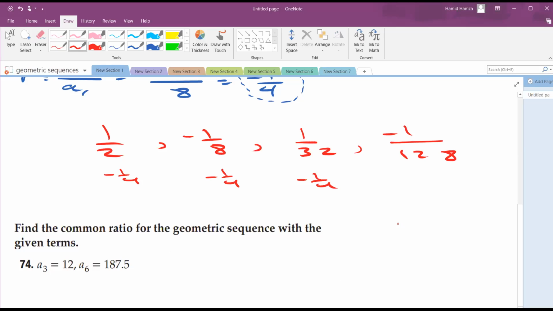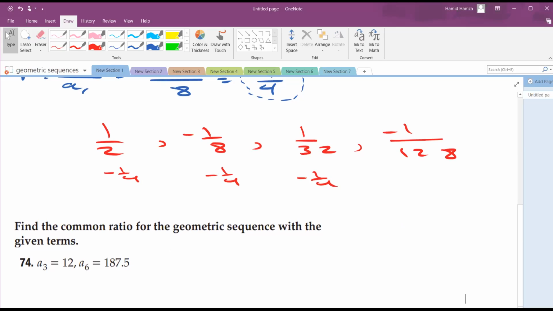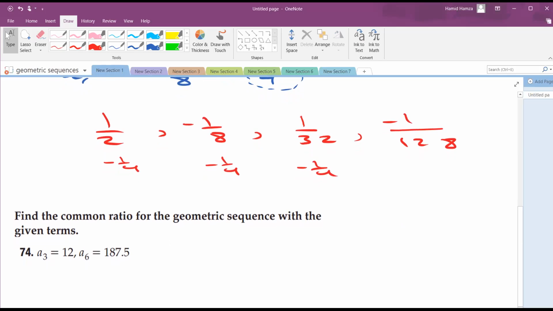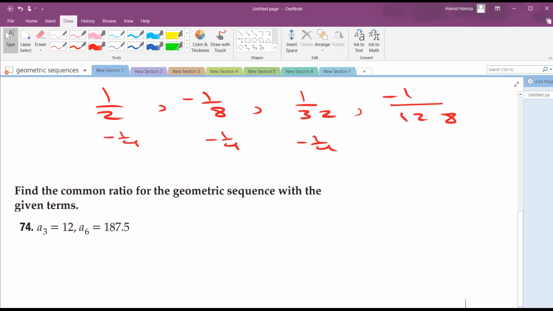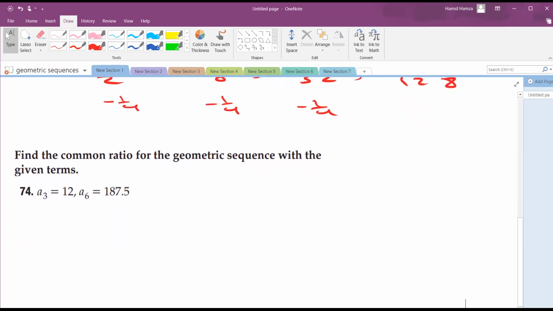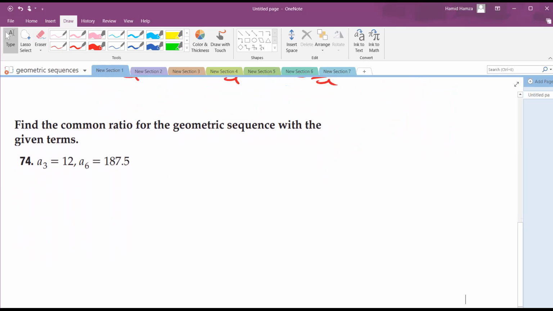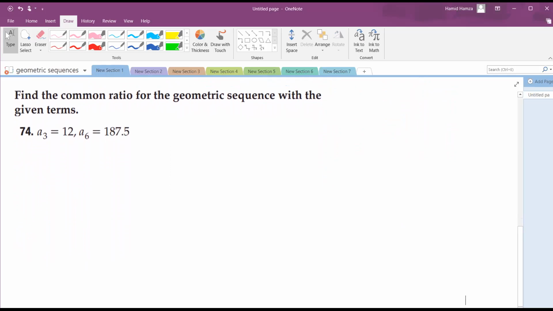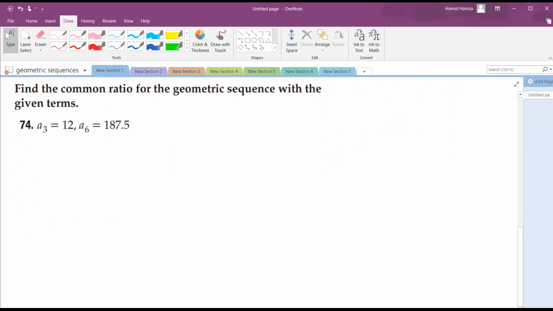Okay. So in this question, we wanted to find the common ratio for the geometric sequence. We can find the common ratio if consecutive terms are given. But what if non-consecutive terms are given like this one?